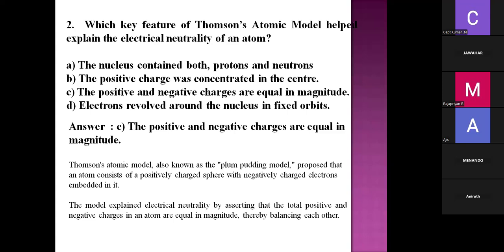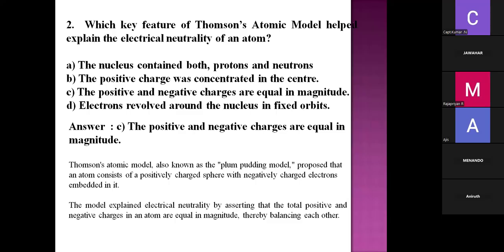Protons and neutrons being located in the nucleus was established through Rutherford's and Chadwick's work, making the statement irrelevant to Thomson's theory. Second, the positive charge was concentrated in the center. This is Rutherford's nuclear model, not Thomson's atomic model.